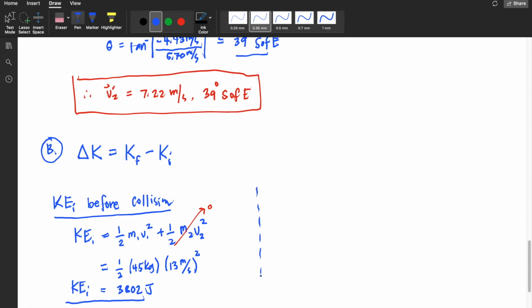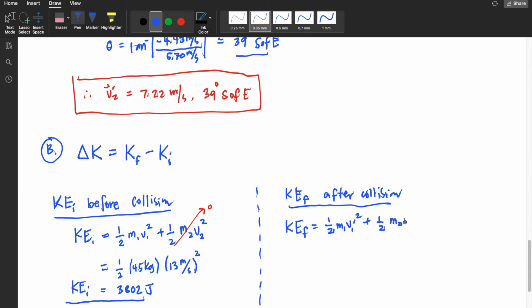Next, we're going to solve for the final total kinetic energy, so that would be after collision. So we'll have KE final is equal to 1 half m1 v1 prime squared plus 1 half m2 v2 prime squared. So we're going to factor out the 1 half.